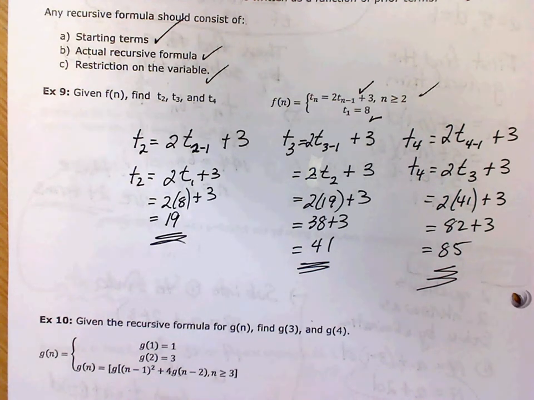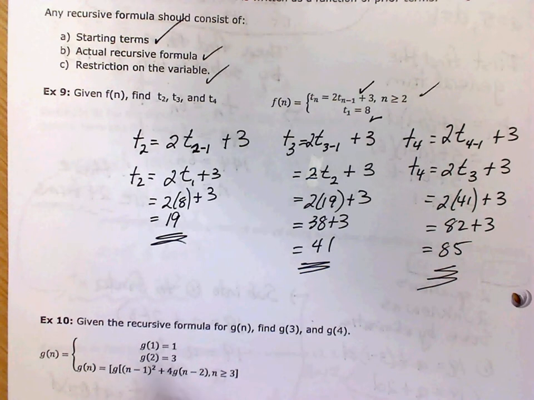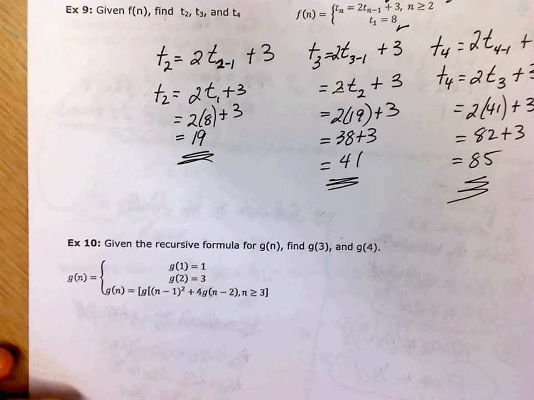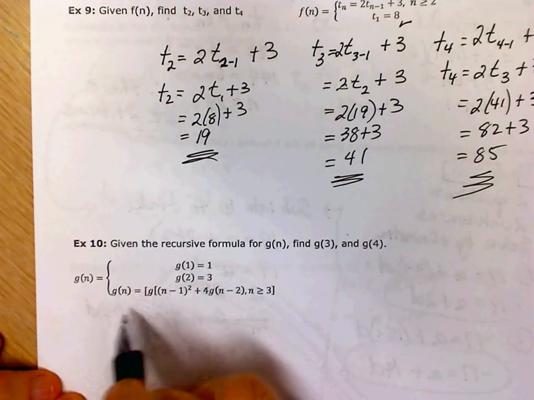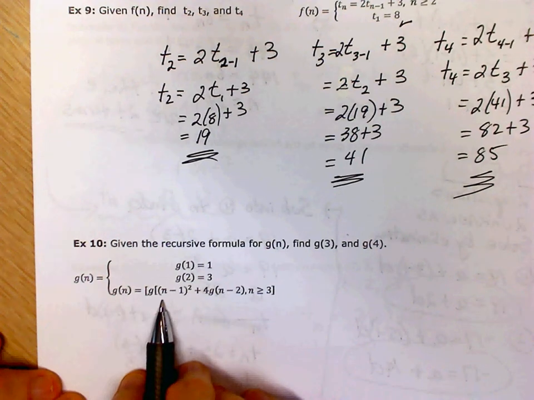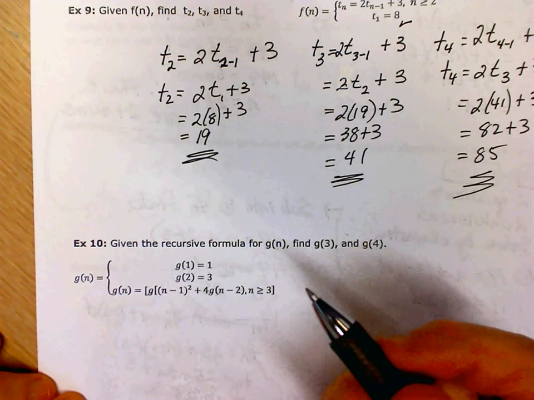Well, look what happens when we have two prior terms, right? Two starting terms. Well, let's take a look. Two starting terms. Okay. So, this is tricky. They're using G, but don't let that fool you. Okay. So, they want us to find G3.